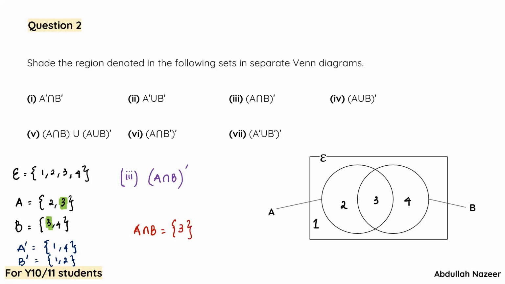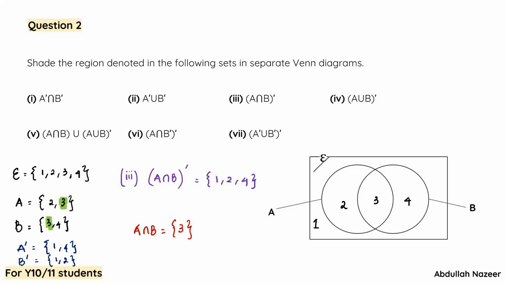Now, A intersection B complement has to be everything other than 3, which gives me 1, 2, 4. So again, the regions that belong to A intersection B complement are the same regions as in the previous question, which is everything except 3.